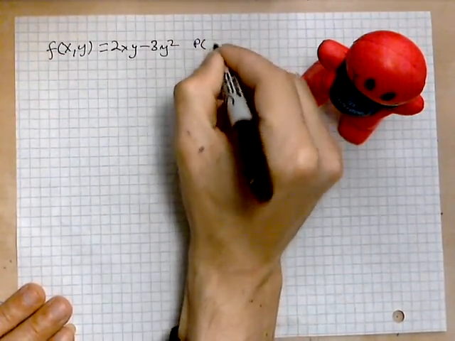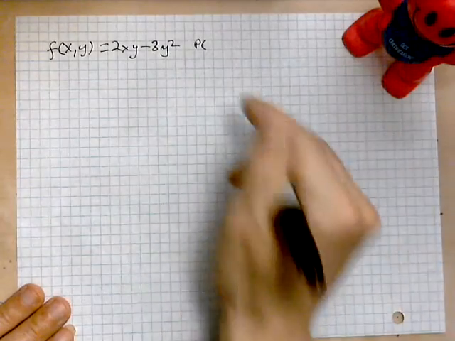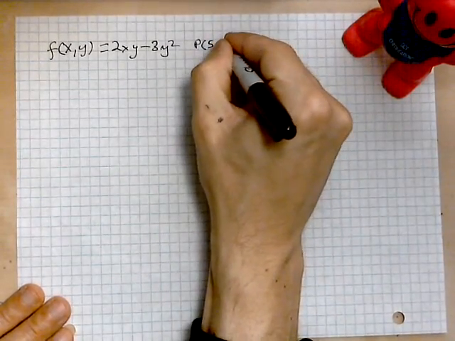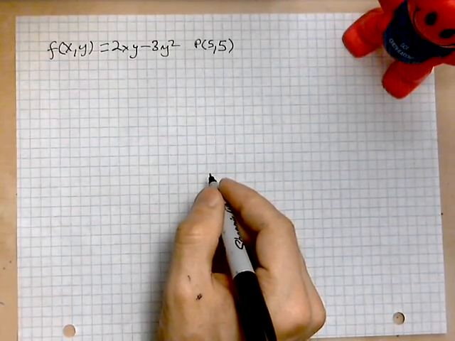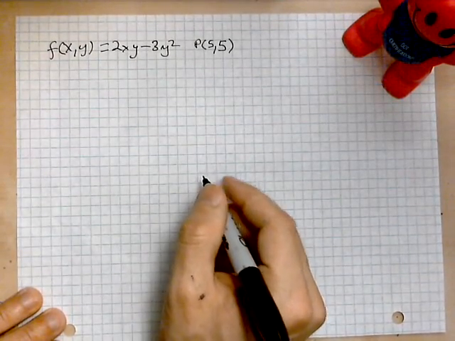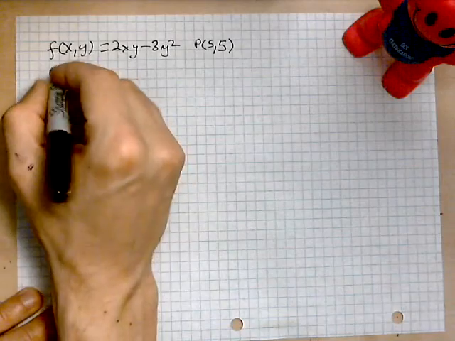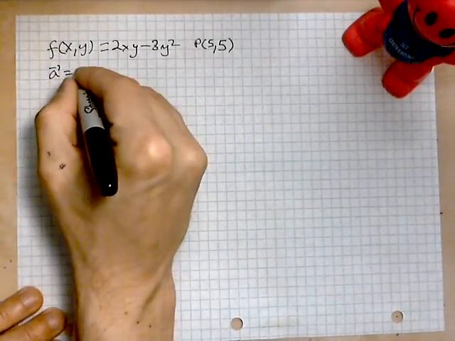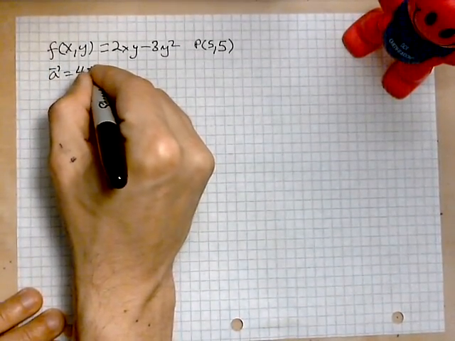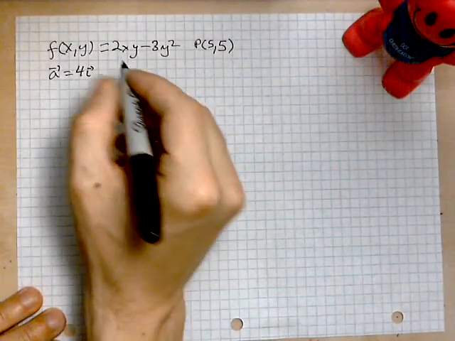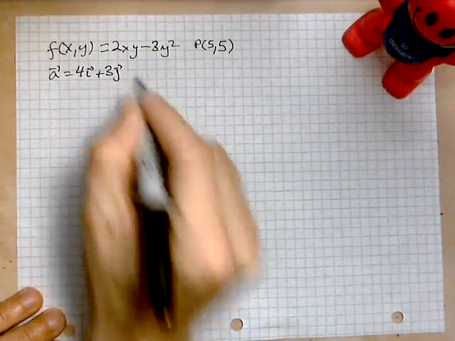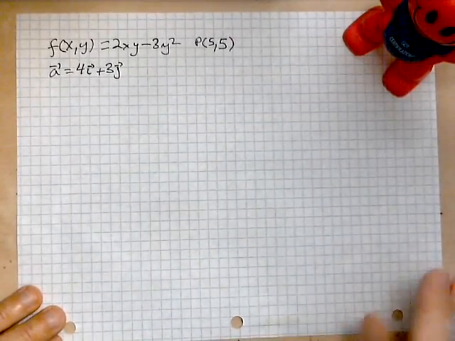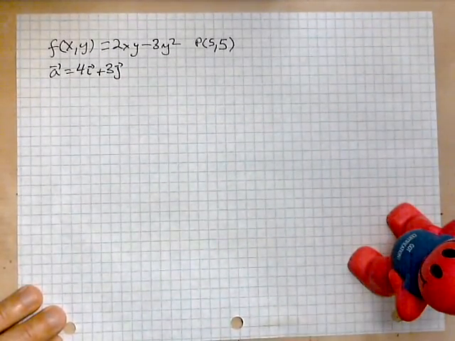The point in our case is (5, 5), and the direction vector for finding the directional derivative is a equals 4i plus 3j. So these are the key components of the information here.